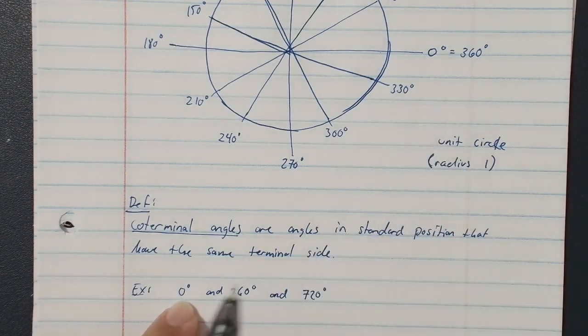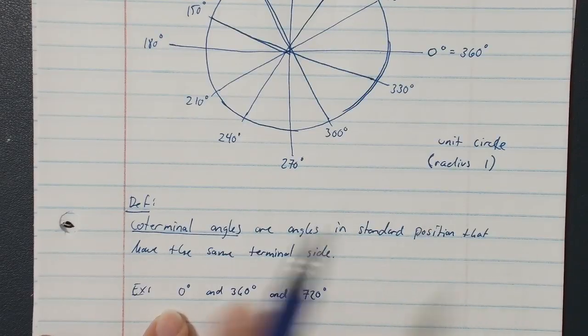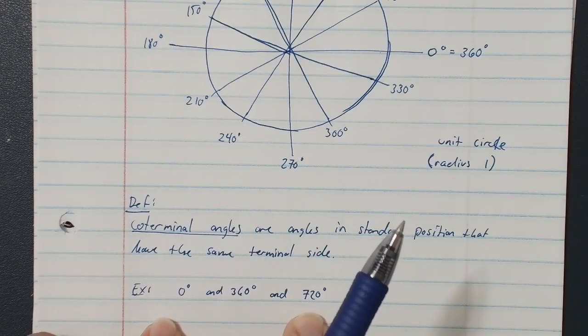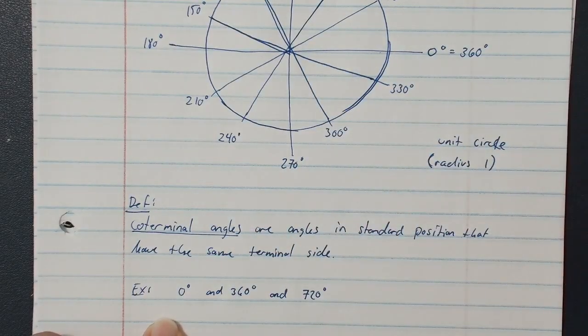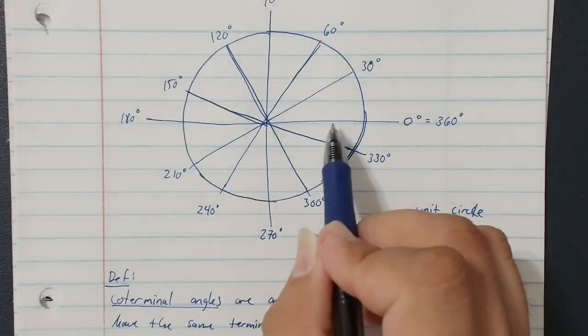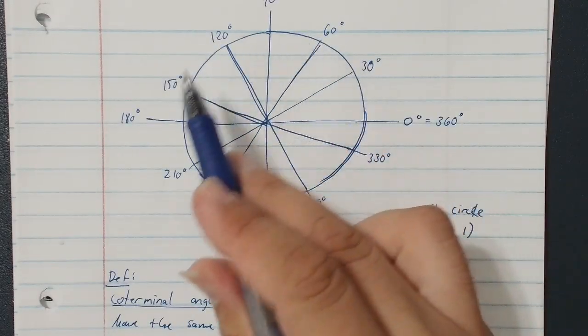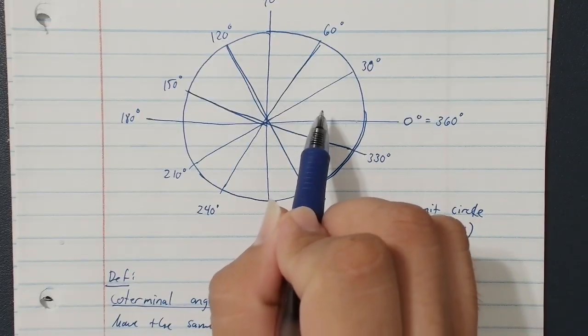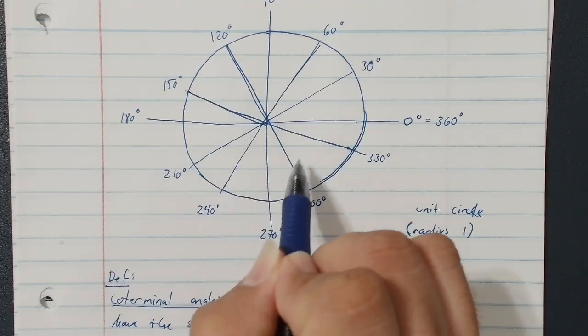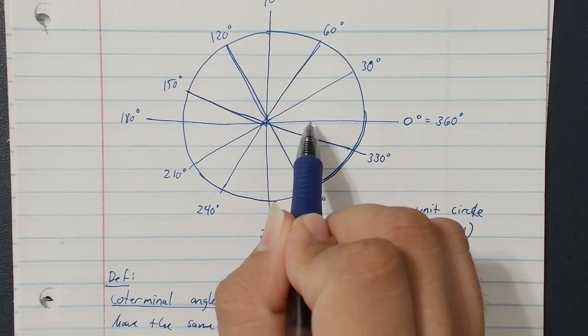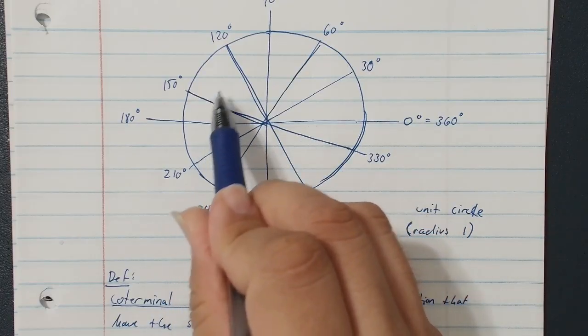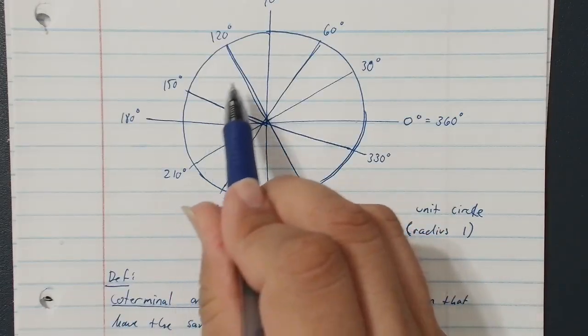So even though the angle number looks different, technically the measures are different, in reality, when you draw these, they look the same. Also remember that angles can go in both directions. You have a positive angle by tracing it out counterclockwise, or a negative angle by tracing it out clockwise.